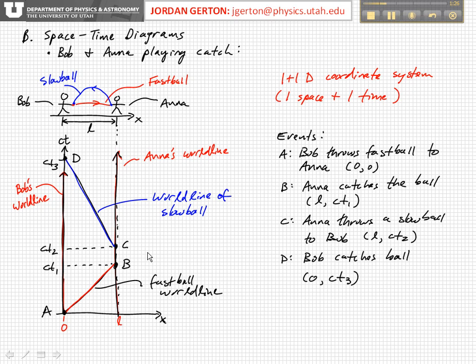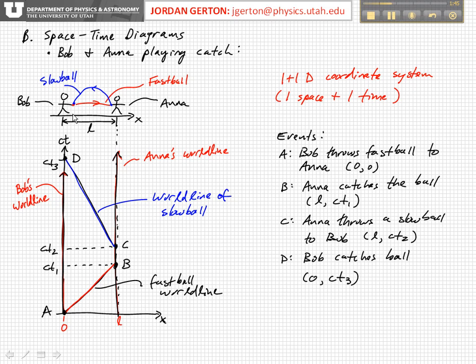Then we basically want to enumerate the events that occur when Anna and Bob play catch. The first thing that happens is that Bob has the ball and he throws it to Anna, and the moment that he releases the ball, that's an event. It happens at a particular point in time and a particular point in space.